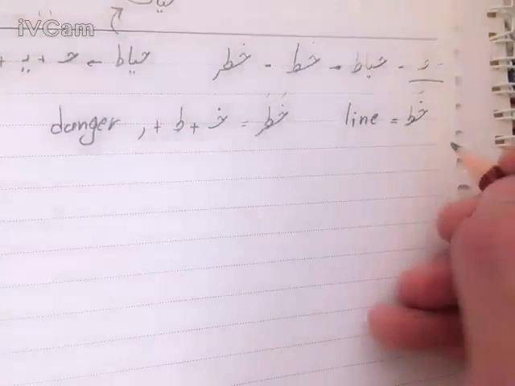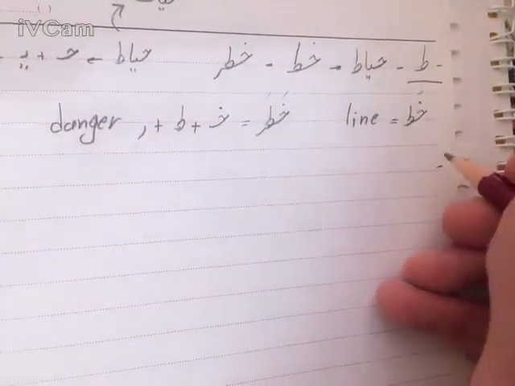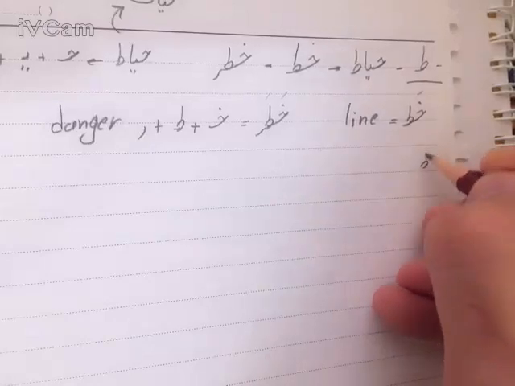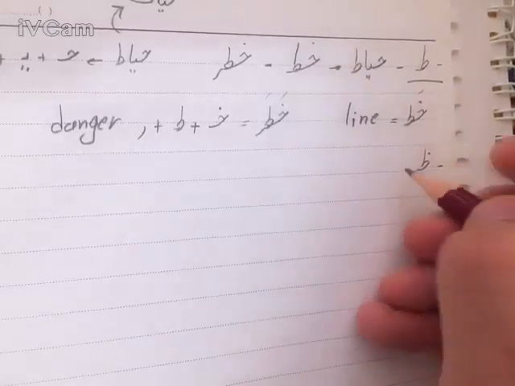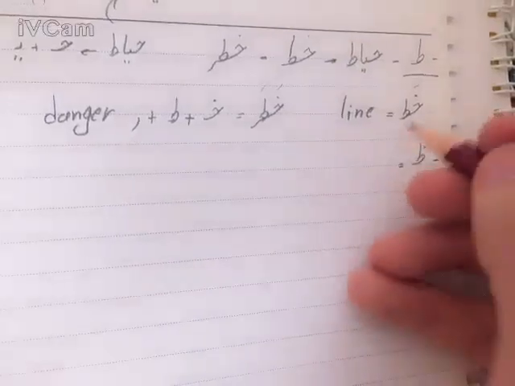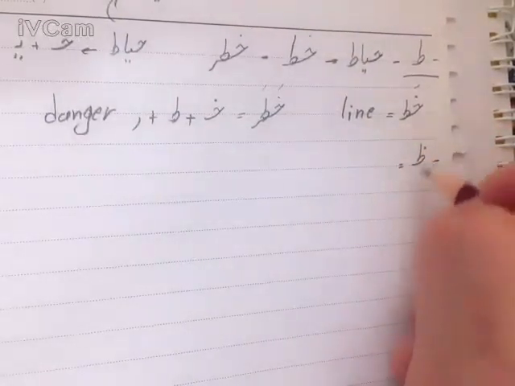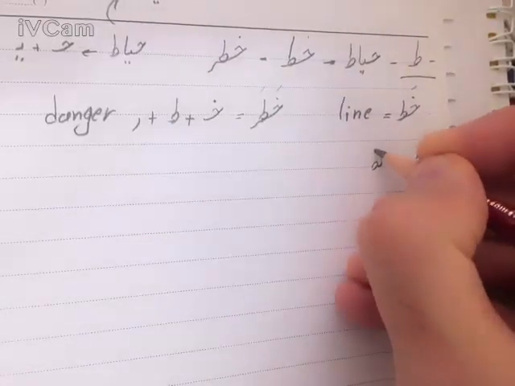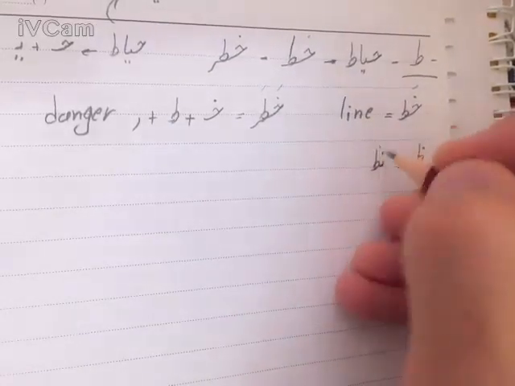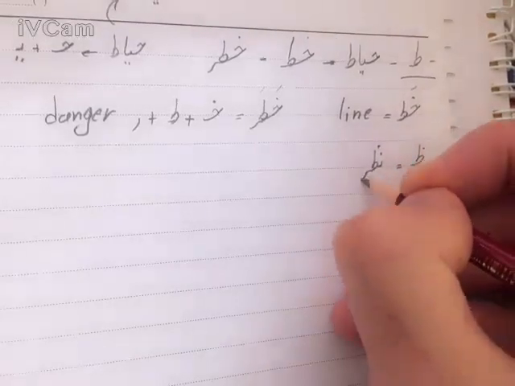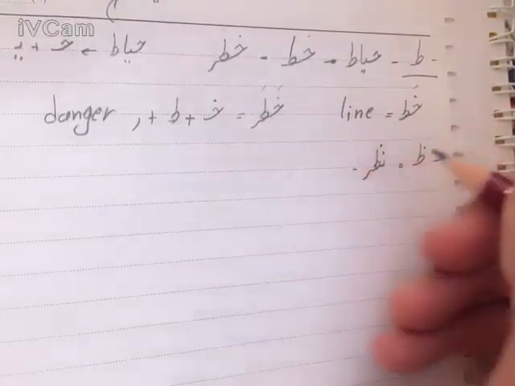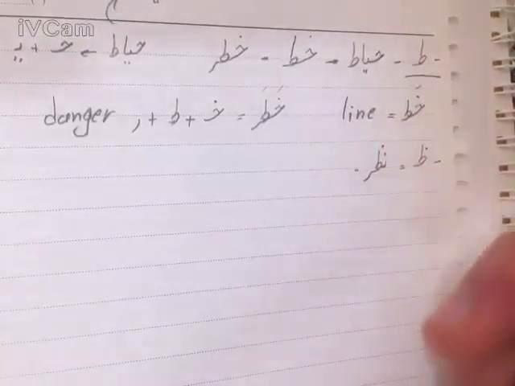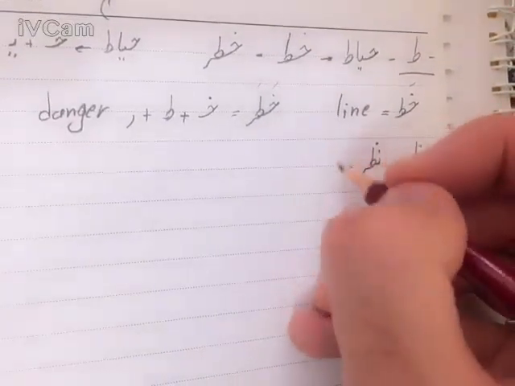The next letter looks just like it, but with an additional dot, which sounds like z. Words with z, we have nazar. Nazar means comment, opinion. And we could have nazar and zahir.